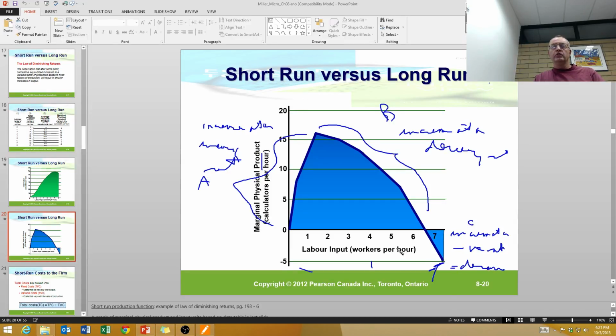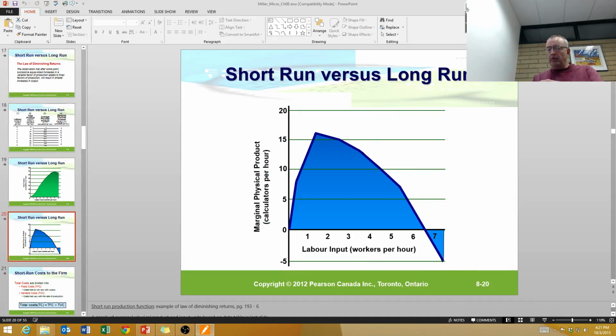Our total units of output actually decrease. Okay, so we've illustrated diminishing marginal returns, looking at the relationship between inputs and outputs, and now we're going to look at cost behavior.